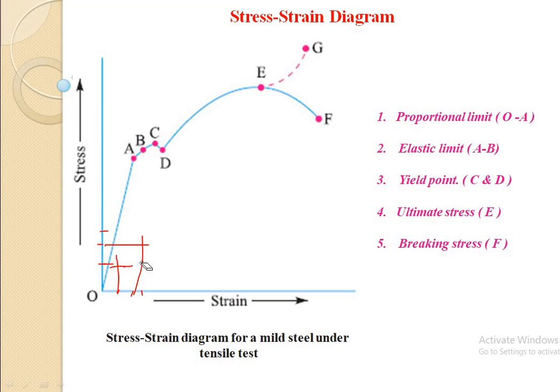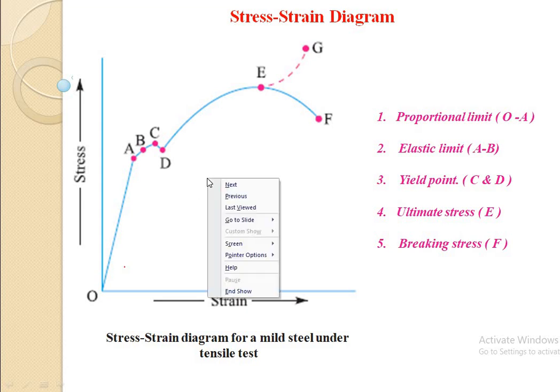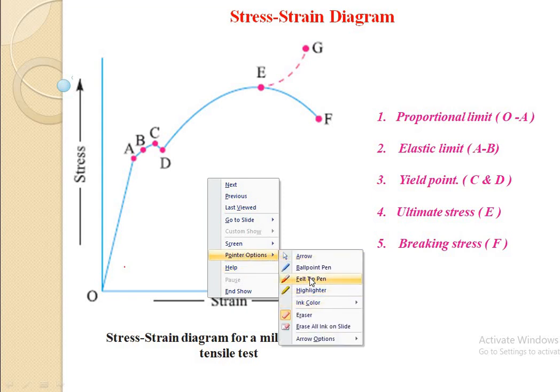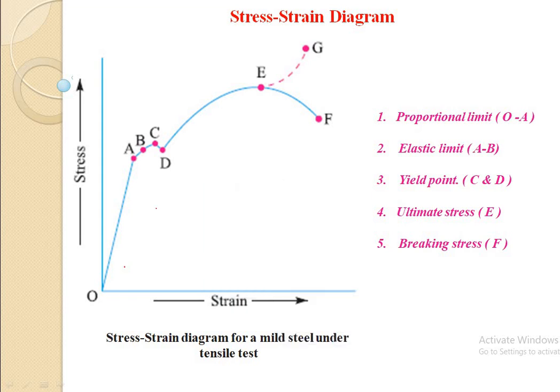After drawing this diagram by taking the values of stress and strain, we get the nature of the graph as shown in the diagram. This is the nature of the graph that we get when we calculate the stress and strain.